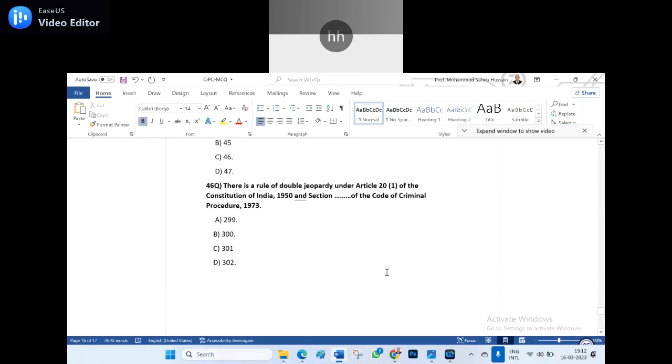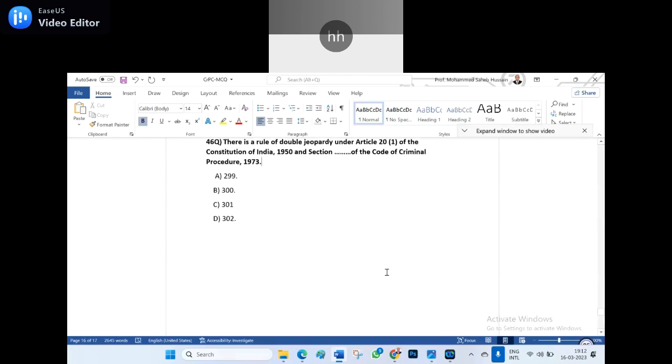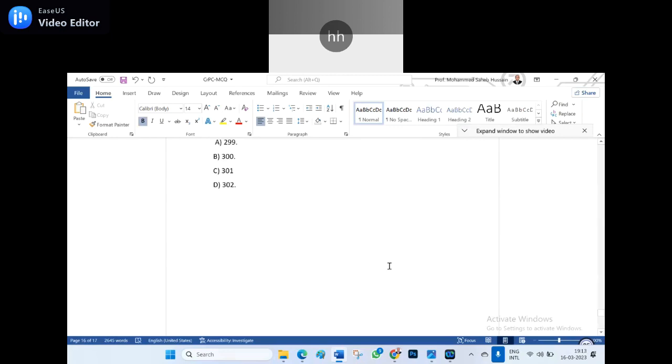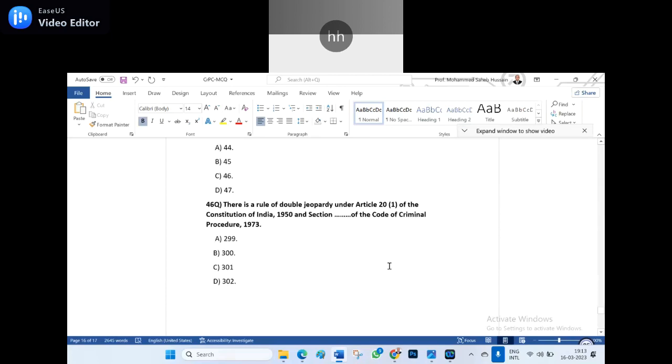He was punished under the Customs Act. Again, he was punished under the Smuggling Act. But the Customs Act is not a procedural law, hence he was not punished twice. Is it clear? Yes, sir. You should have some classical case laws on the tip of your tongue. That is what I want to say.